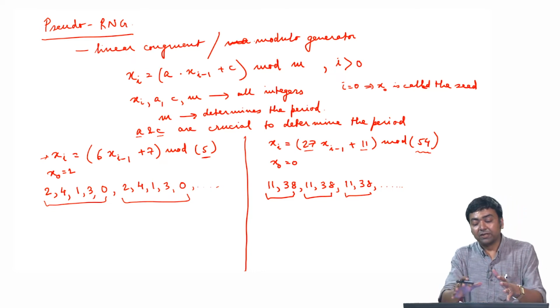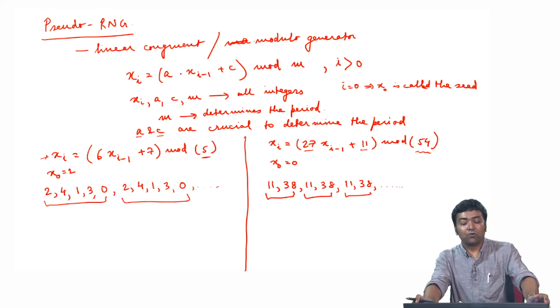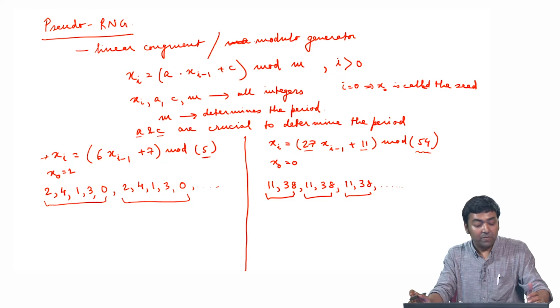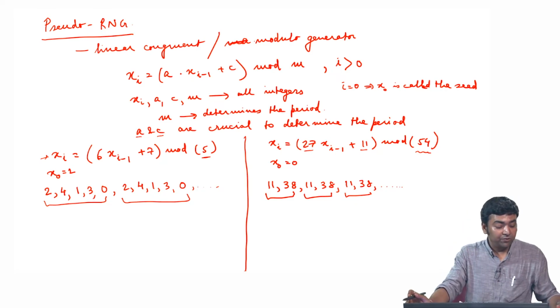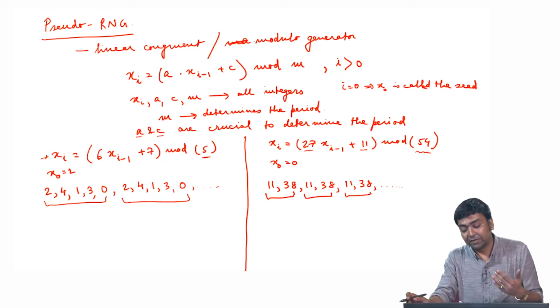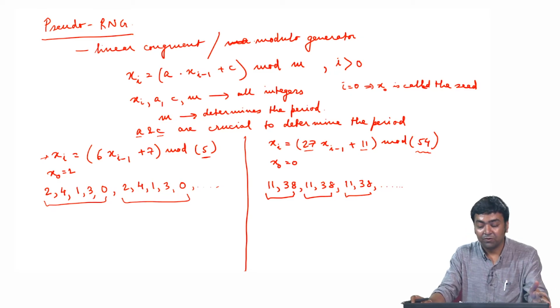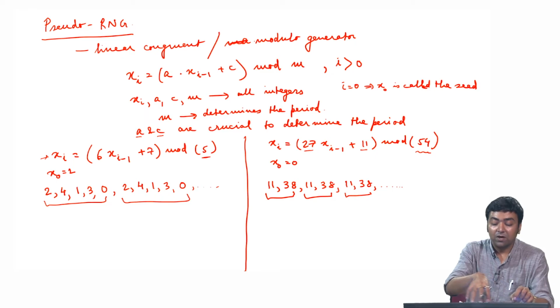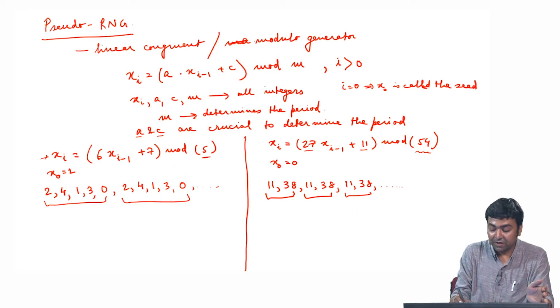So, this is a very simple example to show how random numbers are typically generated in a computer, but the random number generators that computers actually use have a much more complex form of this linear congruential method.